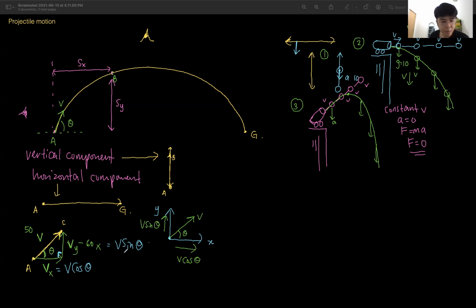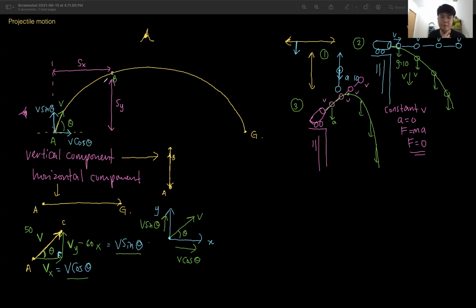Okay, you get the same thing. Vy is v sin theta, Vx is v cos theta. Okay, now I have expressed this one in two components. Upward velocity, I draw it here, v sin theta. And here, this is v cos theta.